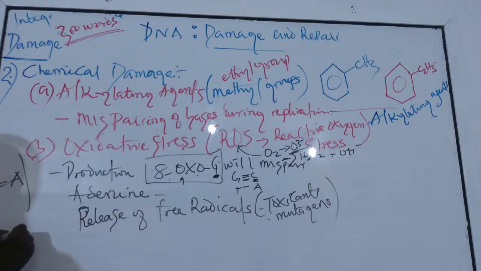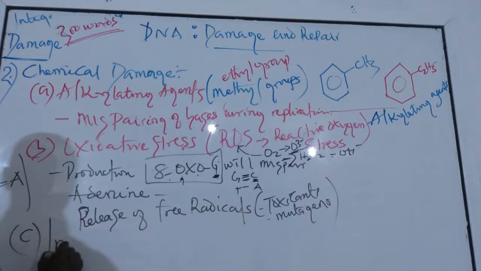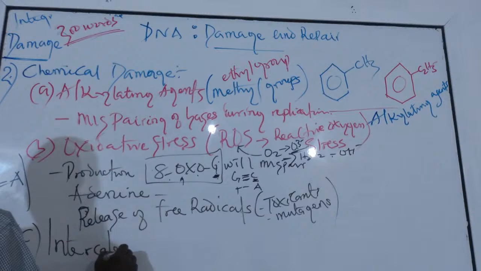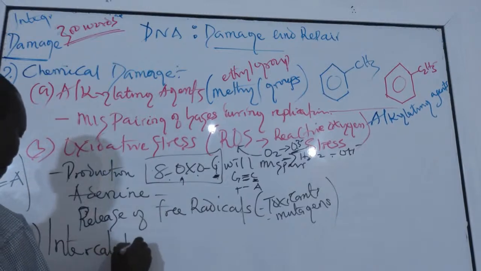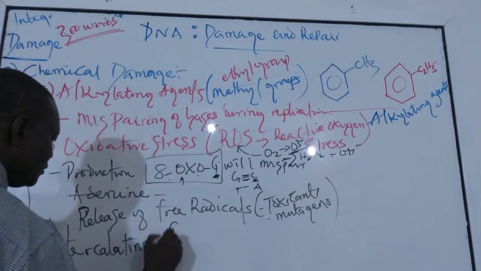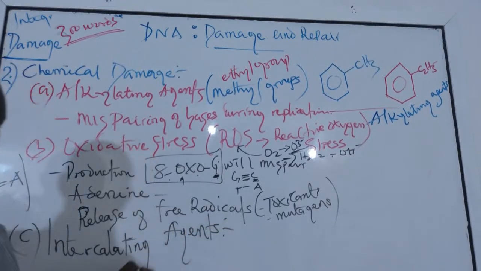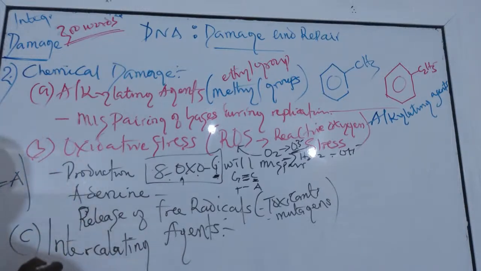Then the third aspect of the chemicals are the chemicals that will intercalate. So we call them intercalating agents. The word intercalate means something that is going to wrap up, going to cover.